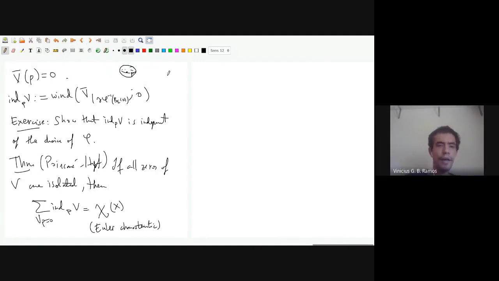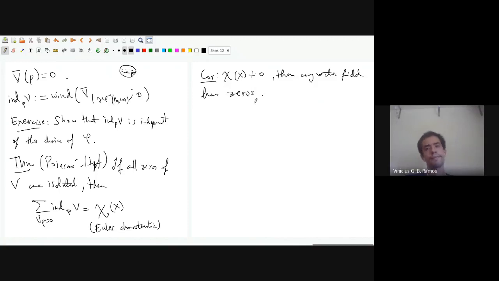So an obvious corollary is that if the Euler characteristic, which is a topological invariant, is different from 0, then any vector field has zeros. Because if you didn't have any 0, then the sum on the left would be an empty sum.